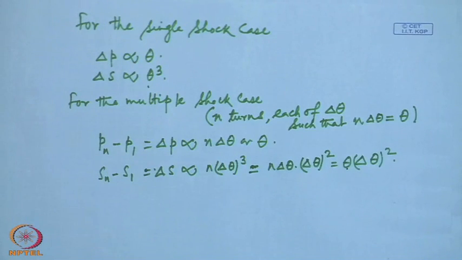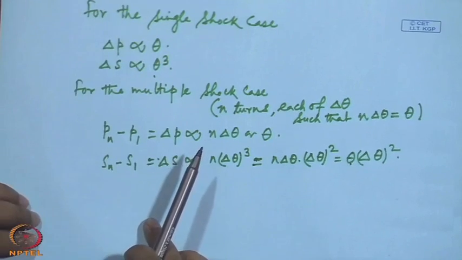So, when you have multiple shocks, but each shock or each turn is of much smaller angle, then our total entropy rise is also much smaller compared to the single shock turn.